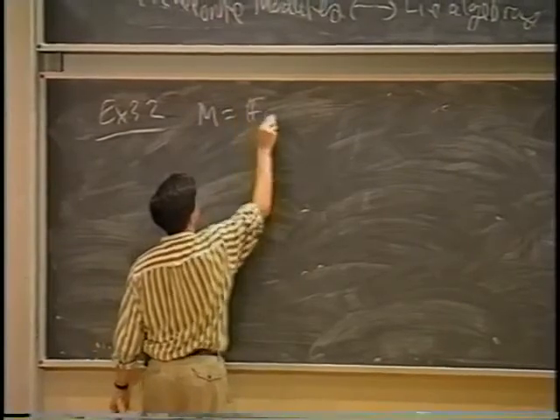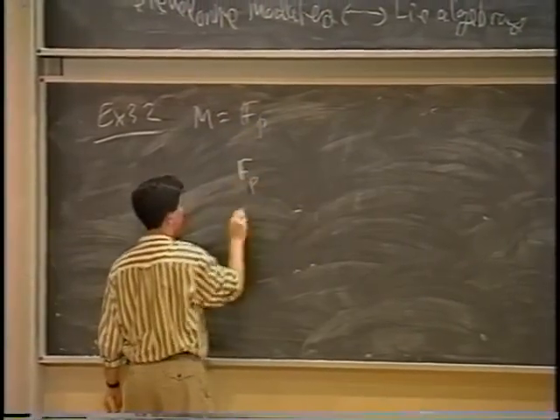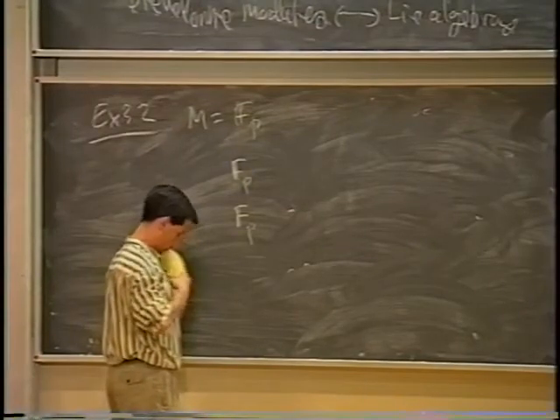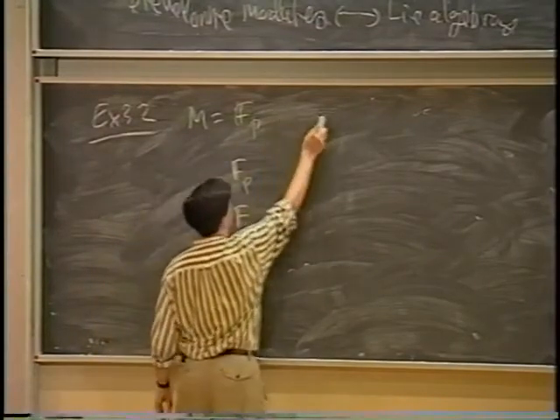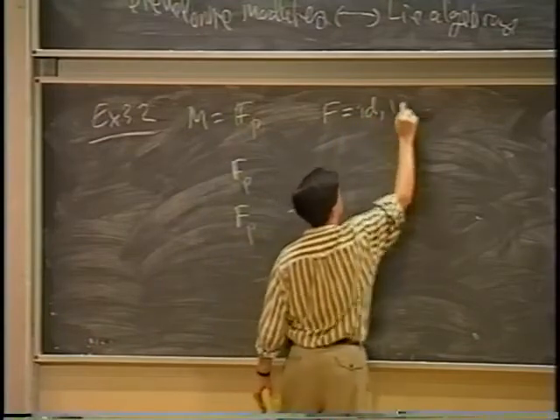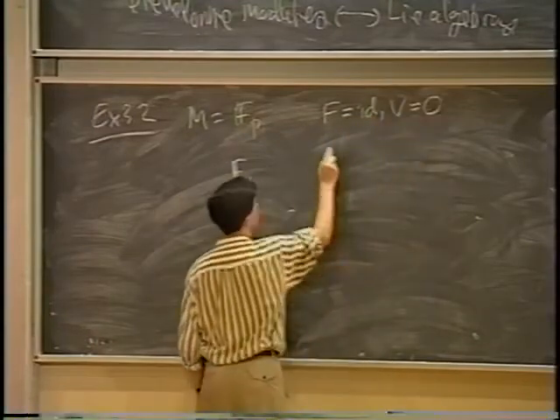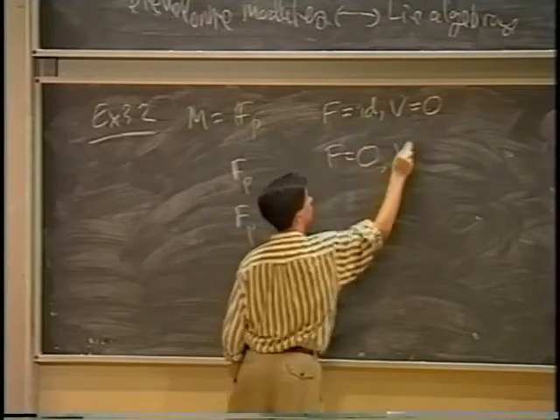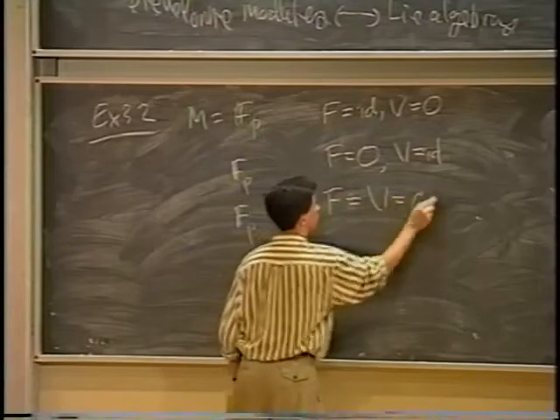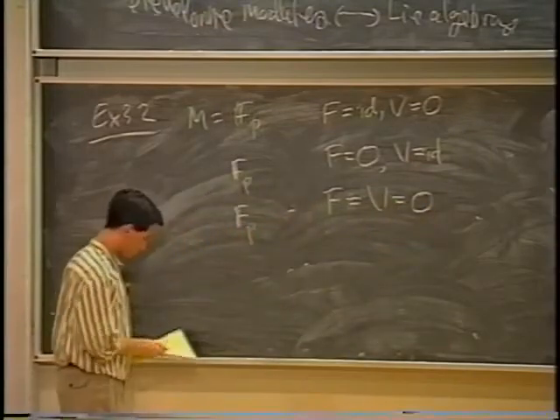So you can have FP, and you could consider, for example, the case where the F will act as identity, V will act as 0. You can consider F acting as 0, V acting as the identity, F and V both acting as 0.